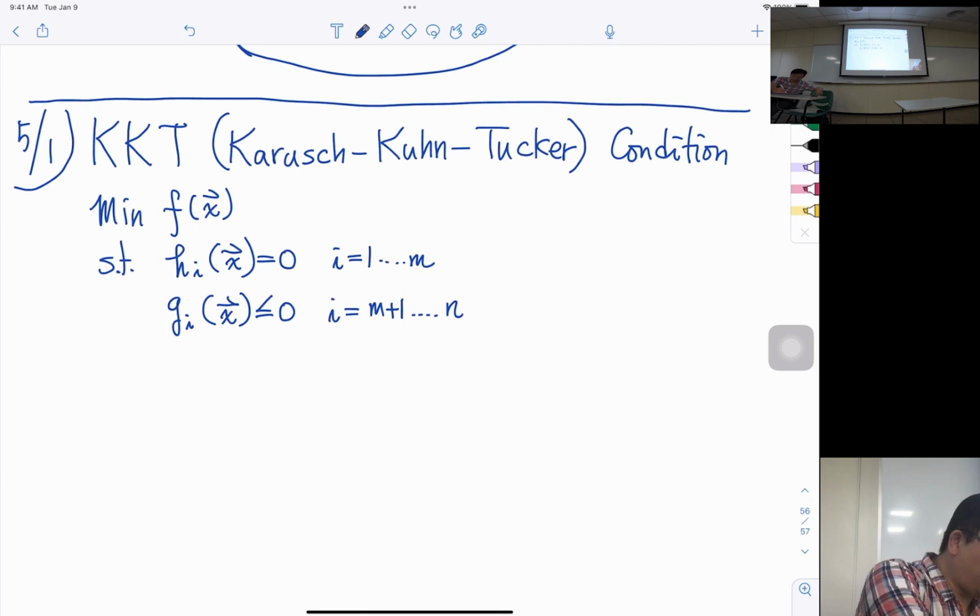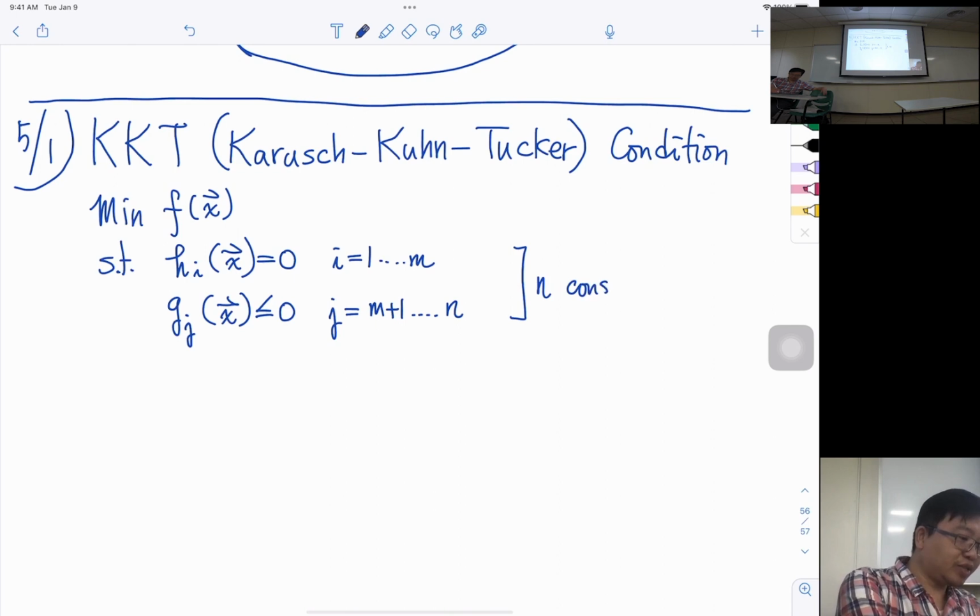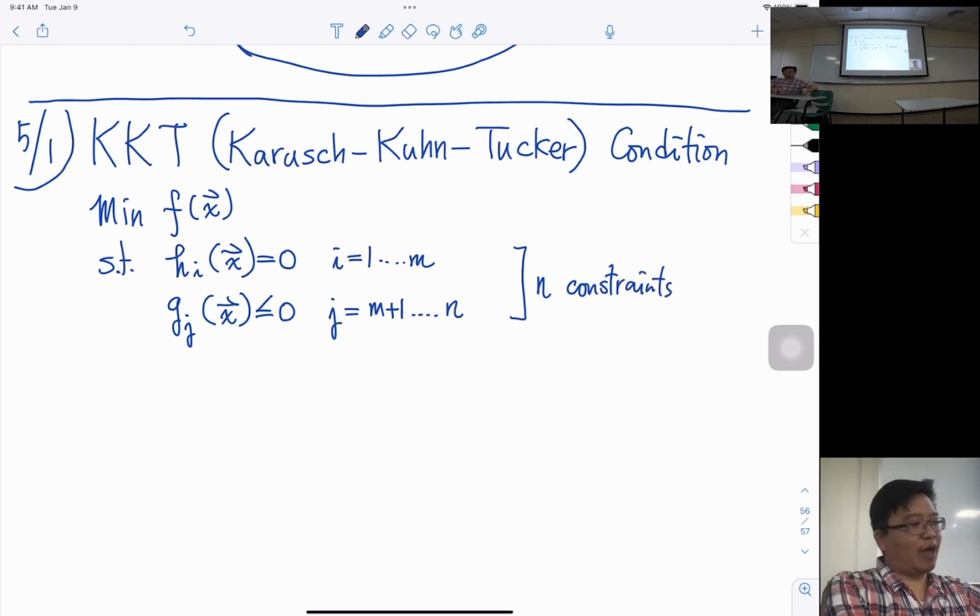Okay, I better follow exactly my notes, otherwise there could be some inconsistency. In my notes, I'm using J. So over here, we have n constraints in total, and some of them are equality constraints, the rest are inequality constraints.